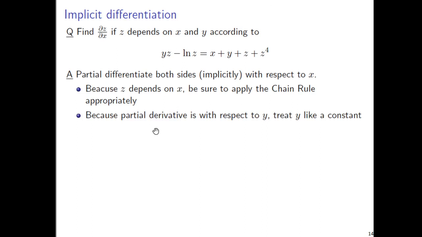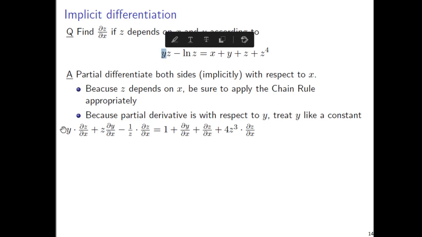Because the partial derivative is with respect to x, typo there, we treat y like a constant, right? So we're differentiating with respect to x currently. y should be treated as a constant, so we copy that y.